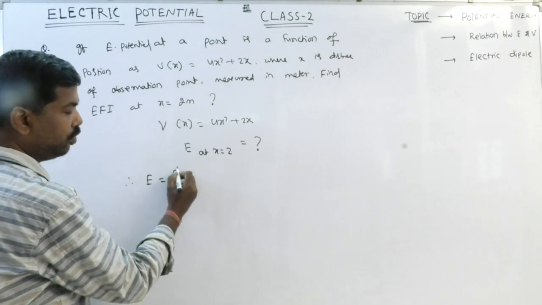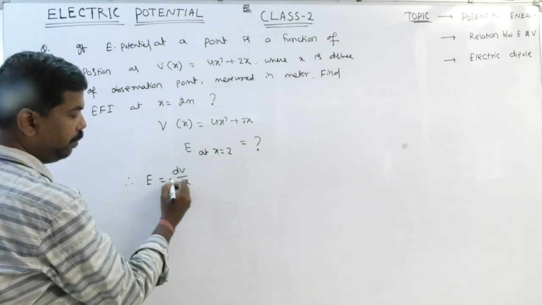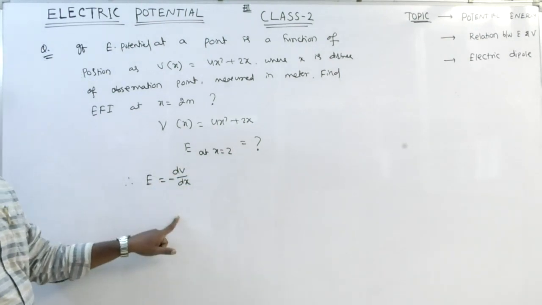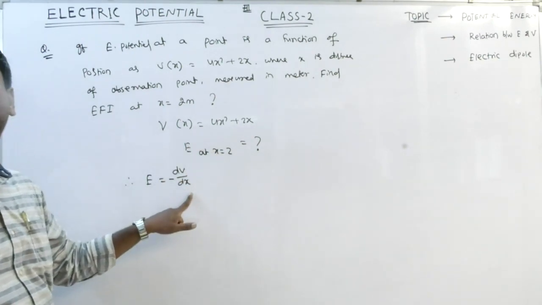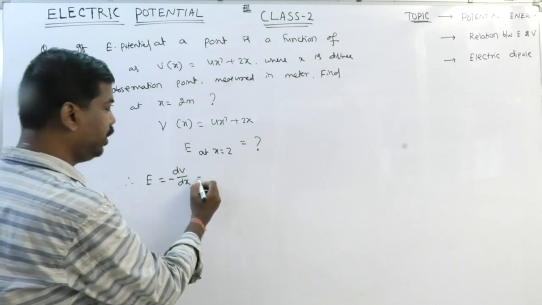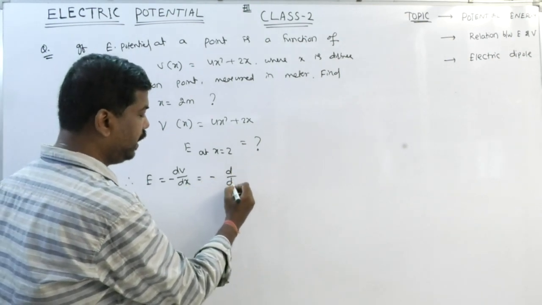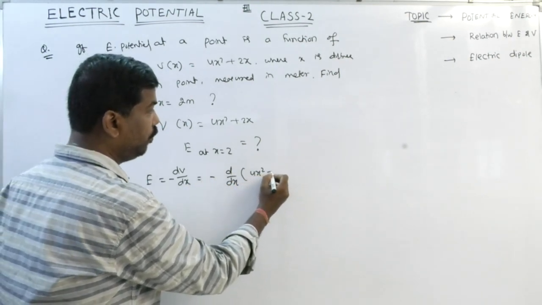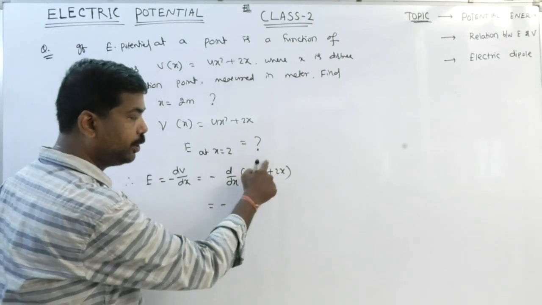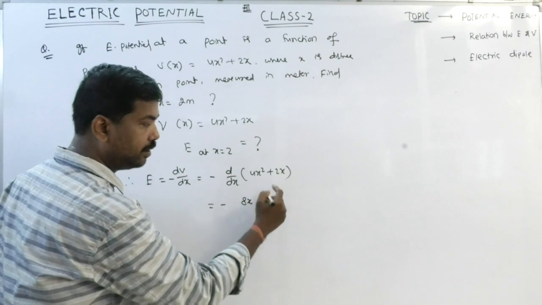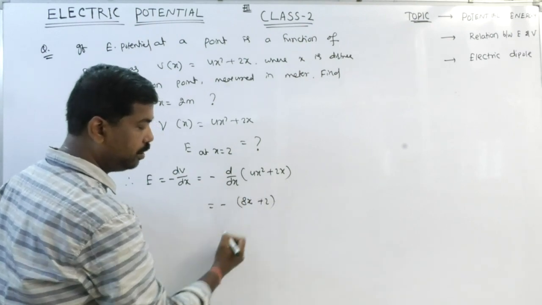Therefore, E is equal to negative dV by dx, that is, the negative scalar gradient. Here x is the distance of the observation point, so the scalar gradient means dV by dx. If you find it, minus d by dx of 4x square plus 2x is equal to minus (8x plus 2).